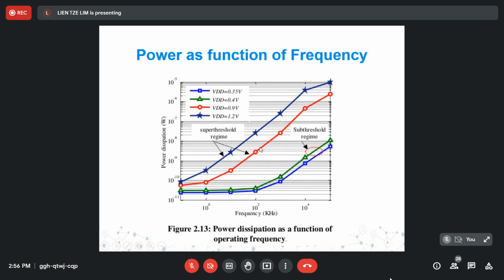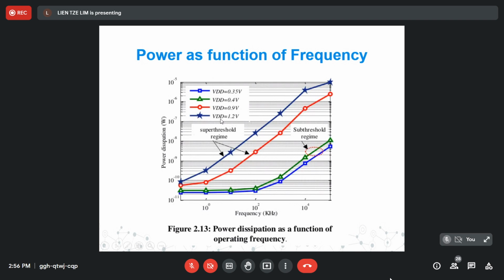There are different lines of the curve here. All these lines are for different supply voltages. The lowest supply voltage is 0.35 volt, and the highest is 1.2 volt.